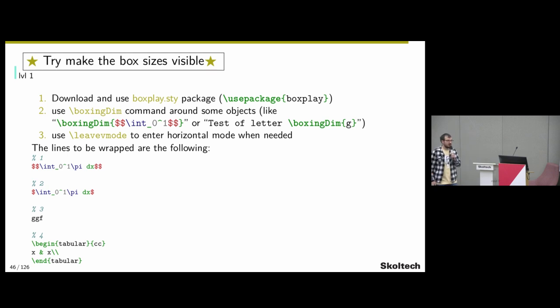What I want to tell you: if you want to create the second task, please try first to make this command leave vmod and then use the boxing dim command. First leave vmod and then the boxing dim command. Try this and see the difference. The leave vmod, as you may see, is leaving the vertical mode and trying to enter horizontal mode.